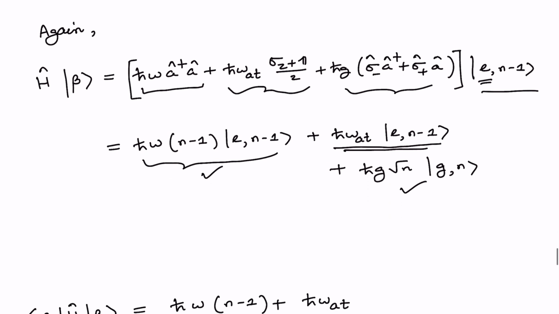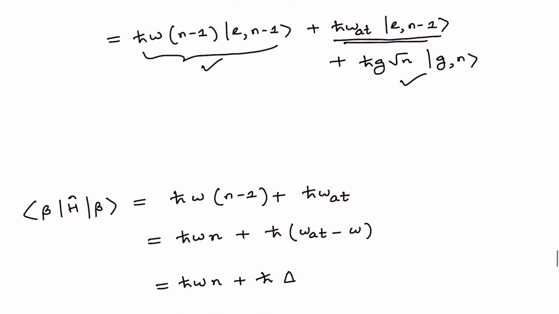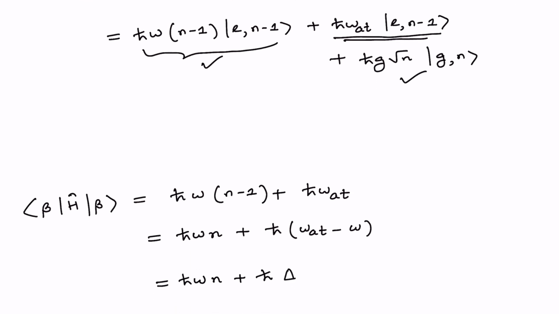Therefore you are going to get H_ββ as well, and this matrix element would be ħωn plus ħ(ω_atom minus ω), and ħ(ω_atom minus ω) is nothing but the detuning parameter.